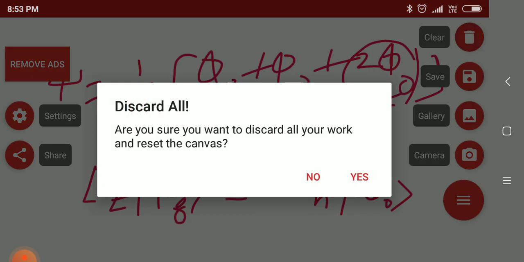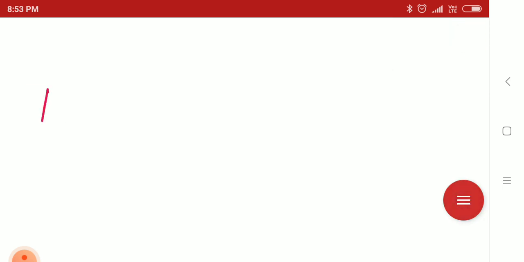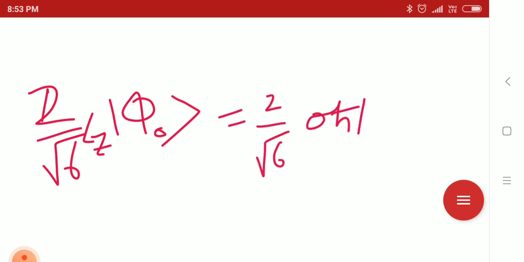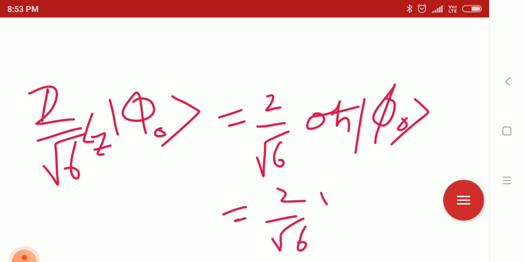Now what will be the probability of it? The coefficient of this phi 0 is 2 by root 6 into phi 0. If we operate Lz on it, we get 2 by root 6 into 0 h cut into phi 0, and that eigenvalue is 0.